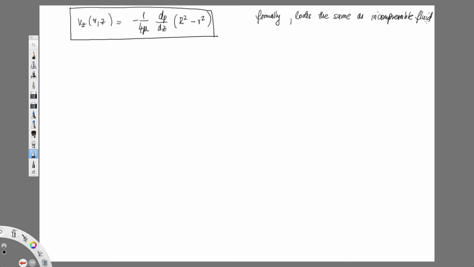So formally, it looks the same as incompressible fluid, but remember dp/dz is not necessarily constant.